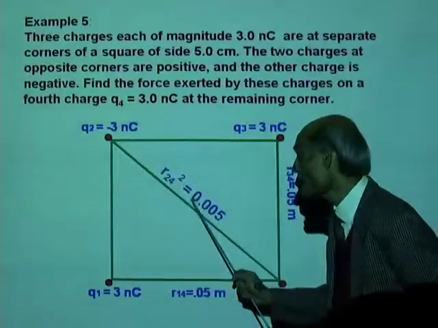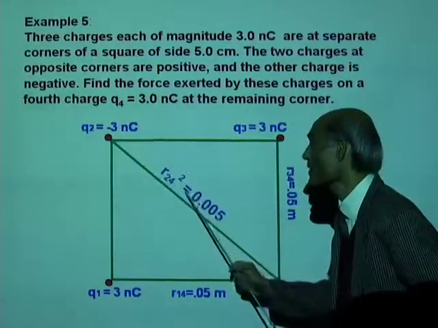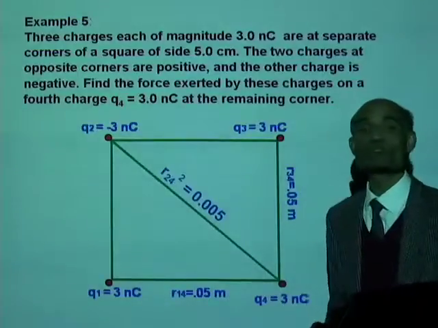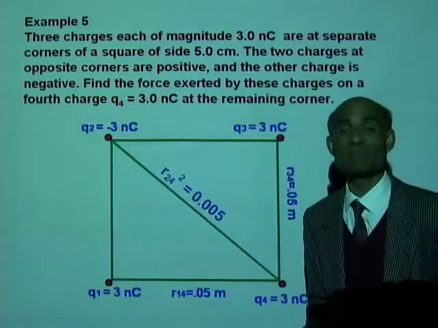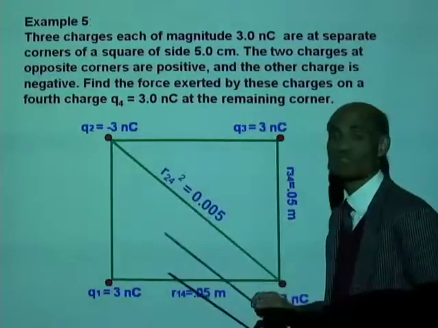Can you do that and tell me if this is true? R24 squared is 0.005 meter squared. So now we have all 3 distances.